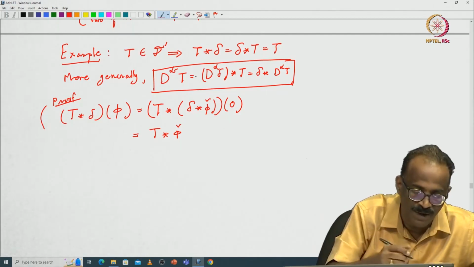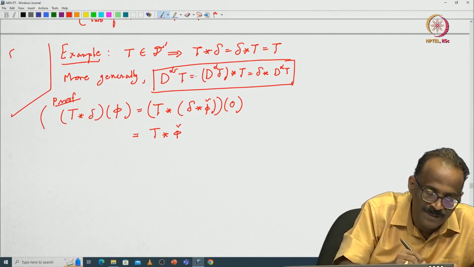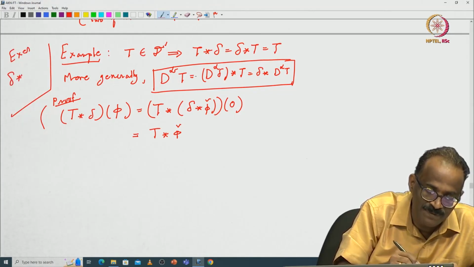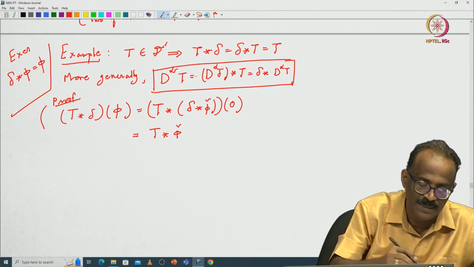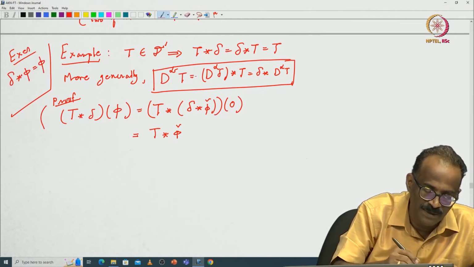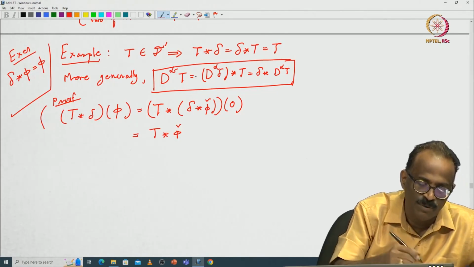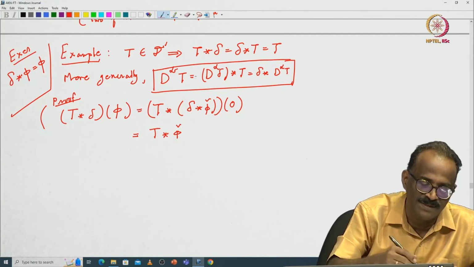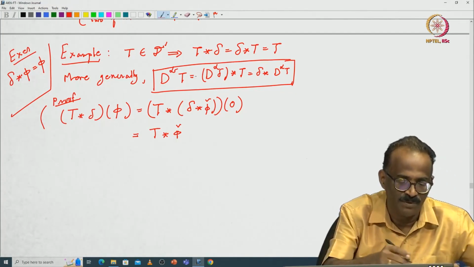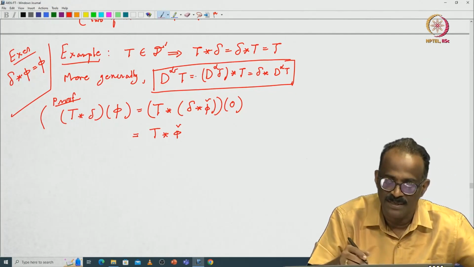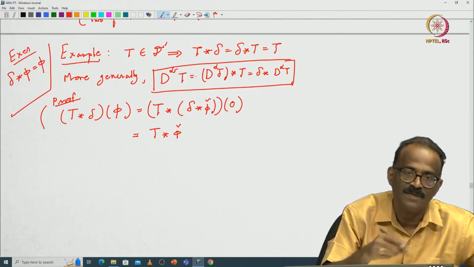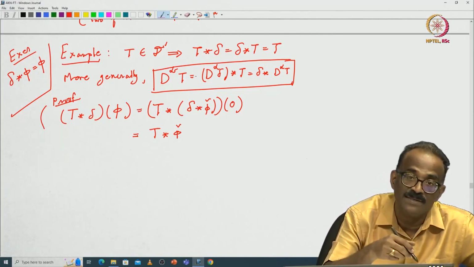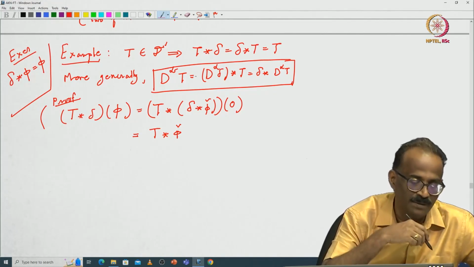If you have not done that one, that's a small exercise. Delta is a distribution with compact support, so this is equal to phi. That you can verify, that's quite easy, right? So look at the definitions. Delta acting on phi, you get it, and all that you can write down immediately. Okay, you just use the definition. Just write out the definition of delta star phi, and then you get phi.